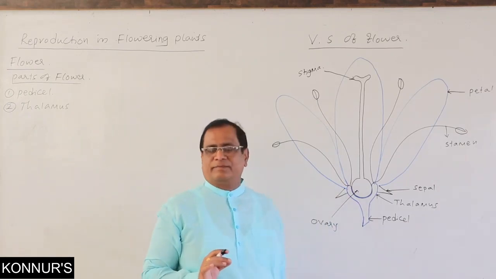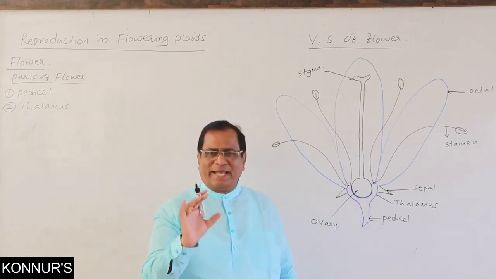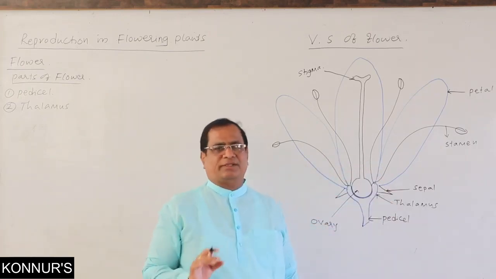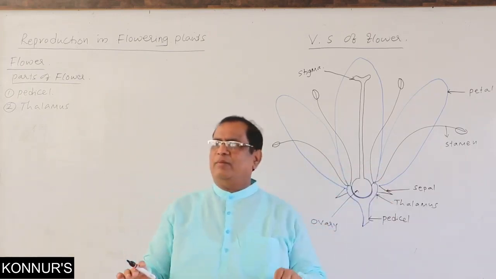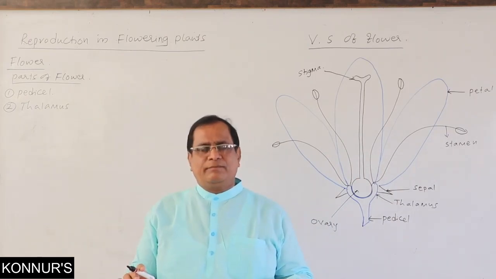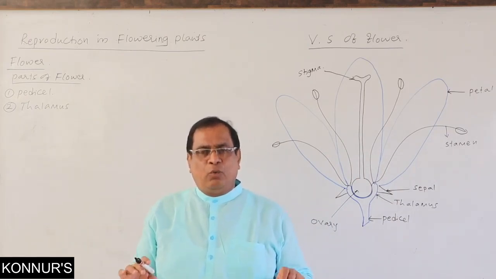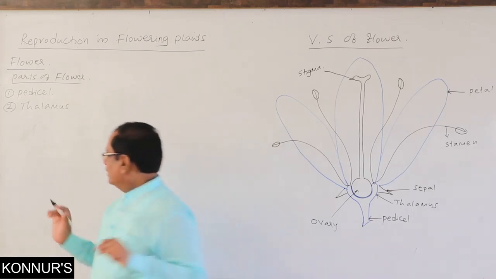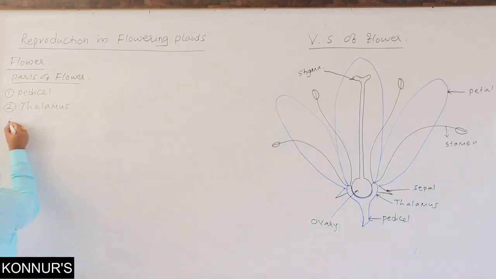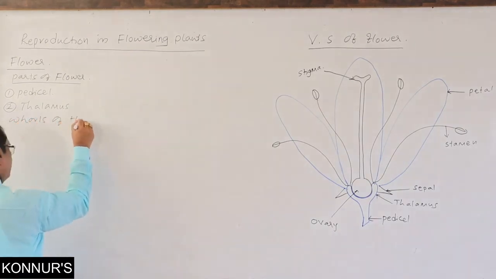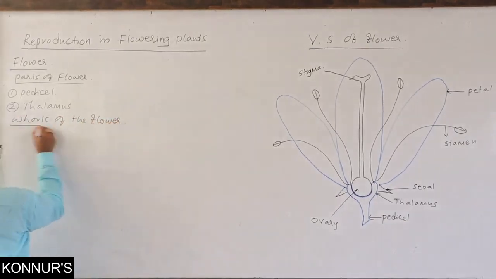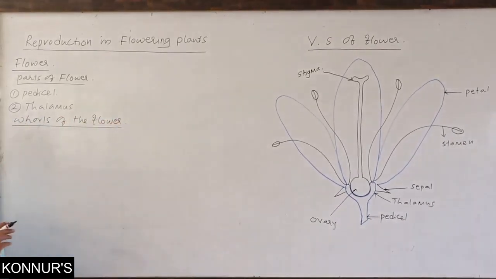It's a floral axis on which all the floral parts are present. And in the flower, we do see four whorls of the flower. There are four whorls.